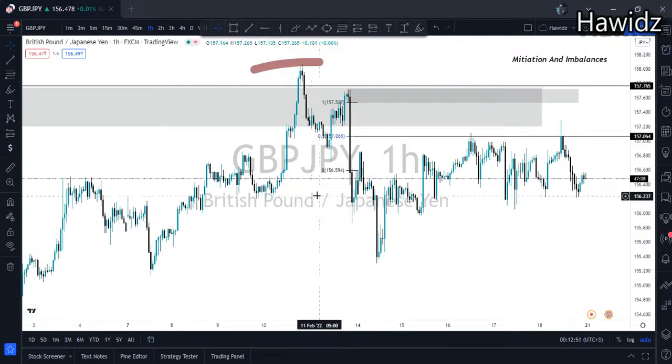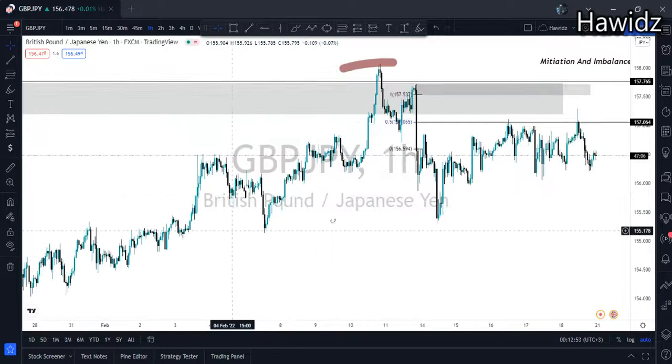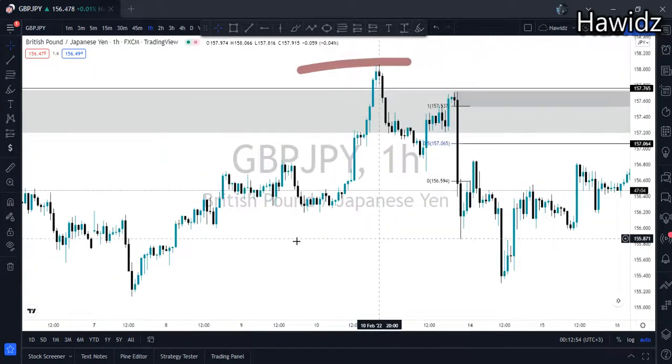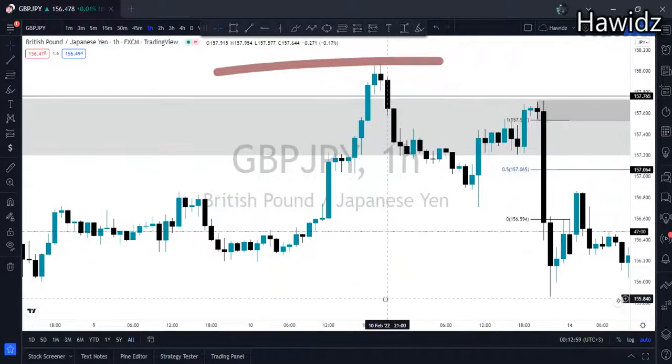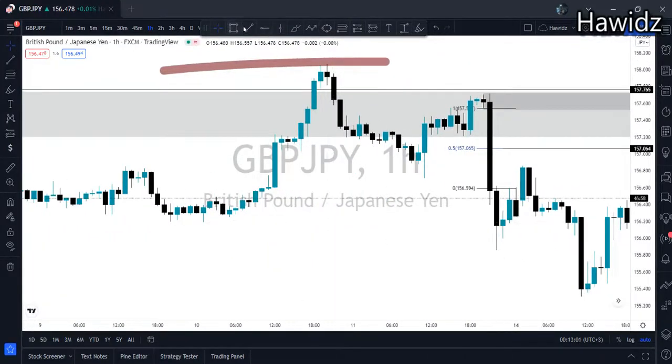So let's get into the charts and see examples. As we can see right here, we have that wick there, and this wick here. So this right here in between is an imbalance, which price comes to, as you can see, this wick comes and fills it, and then it leaves.